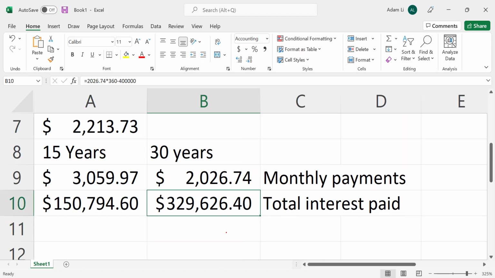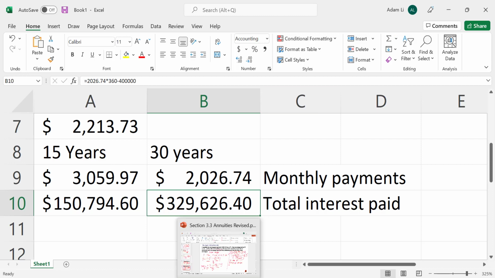Right? So $329,626.40. Although the monthly payment is smaller, the interest you pay to the bank is more than doubling. So this is a trade-off. You get a longer term, but you pay more interest, right? So that's the difference between a 15 years mortgage and a 30 years mortgage.